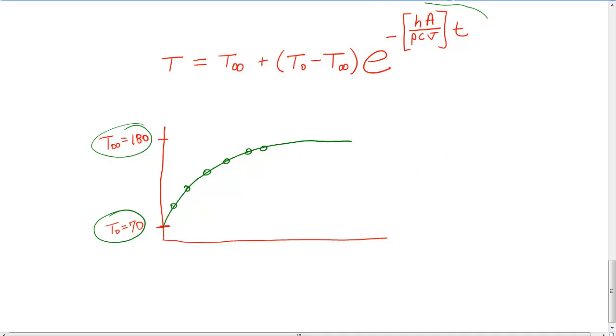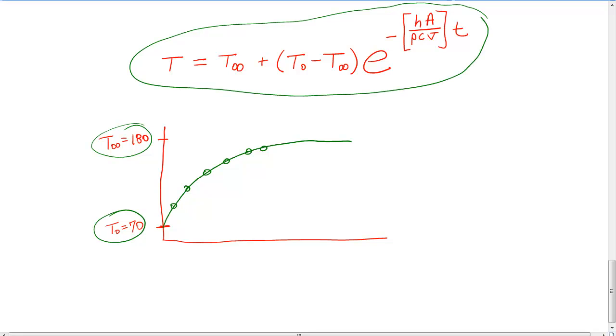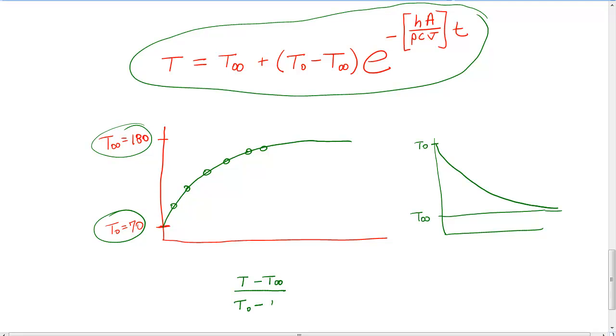This equation will predict all of the different circumstances, even if we took a warmer sphere and dropped it into a colder liquid. This equation takes care of all of them. It can be written in a more concise fashion like this.